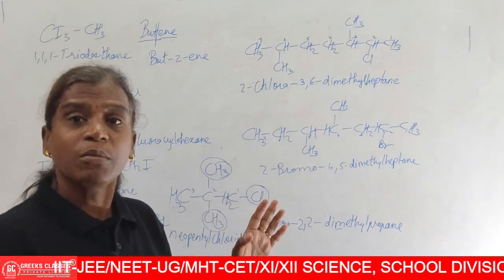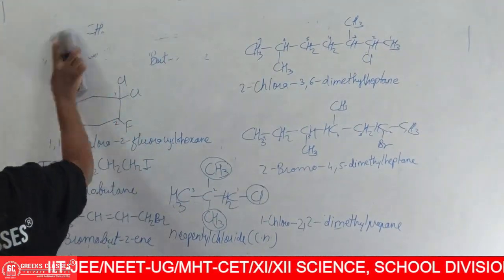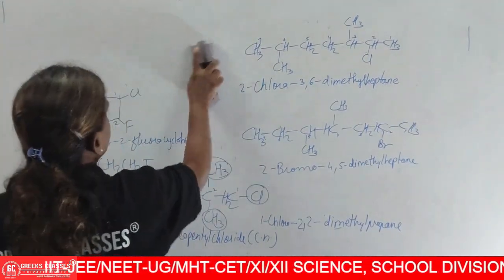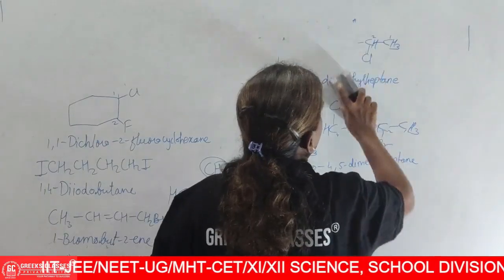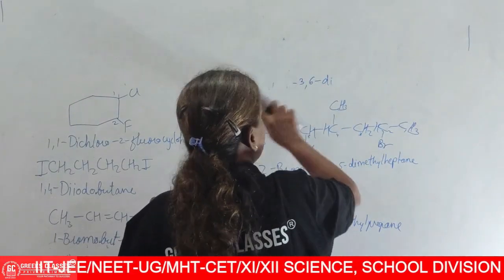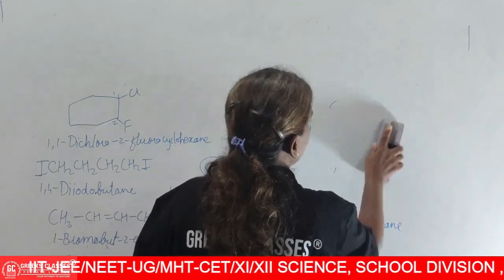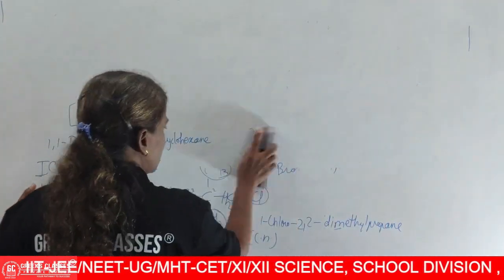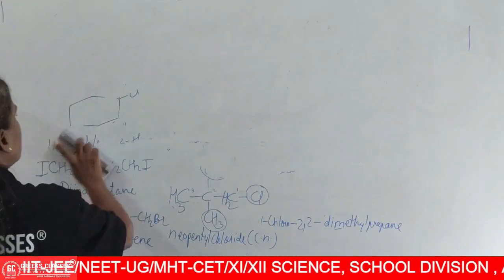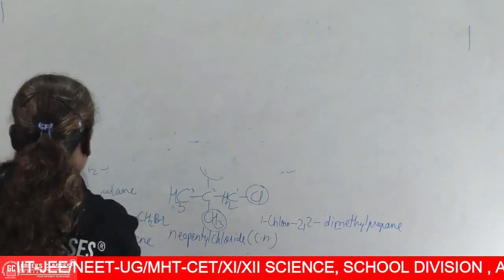So this is all about some of the aliphatic compounds I have taken. Now coming to some of the aromatic compounds. Let us work upon the nomenclature of aromatic compounds, where the aromatic system can have halogen directly bonded to the ring, as part of the benzene nucleus, or it can be as a side chain. Both ways we will work out.